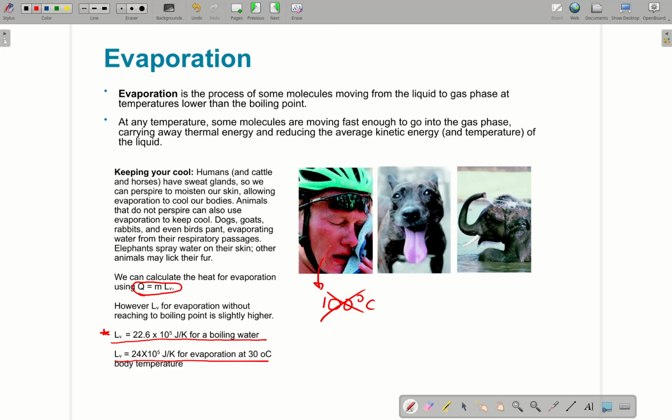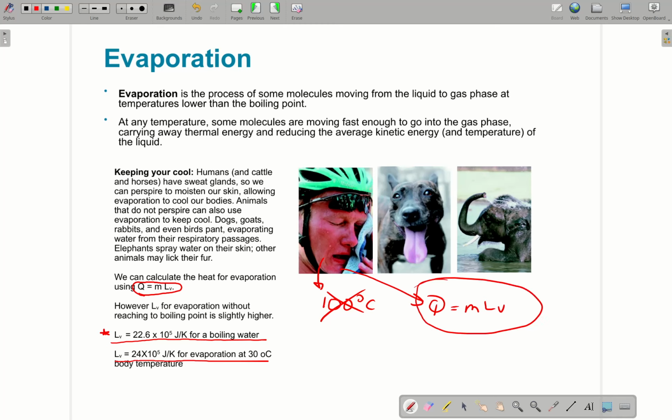So it is slightly larger for evaporating water at temperatures lower than 100. Other than that, it's the same as evaporation, and we can calculate the heat taken out of our body using M times LV. Only LV will be a slightly different, larger value.